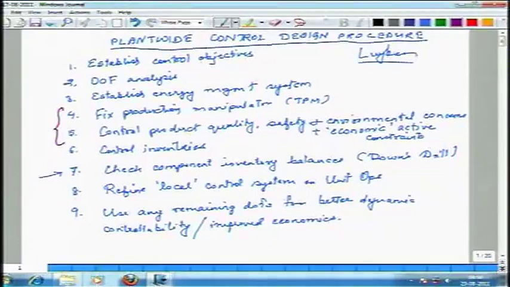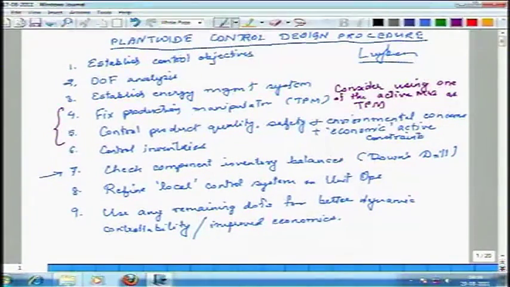Step 5 says, so I would just like to say here: consider using one of the active MVs as TPM.